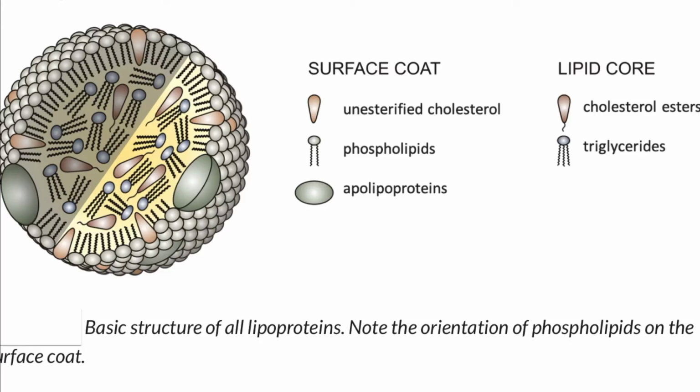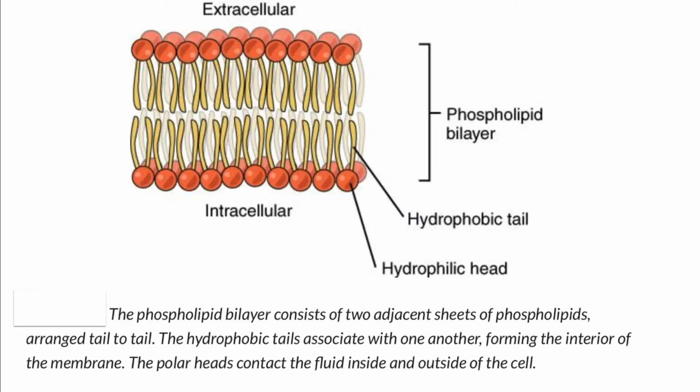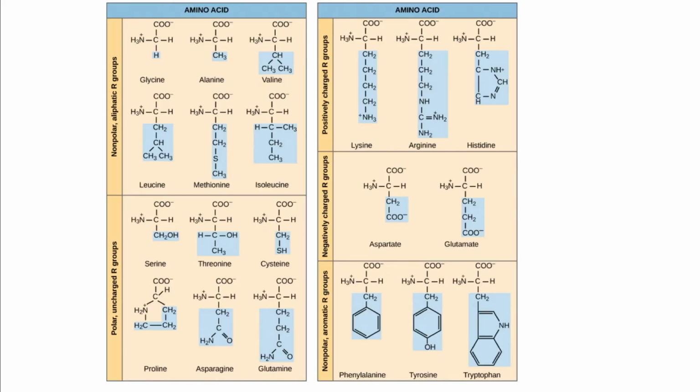Fatty acids with the first double bond at the third carbon from the omega end are called omega-3 fatty acids. Those with the first double bond at the sixth carbon from the omega end are called omega-6 fatty acids. There are also omega-9 fatty acids.